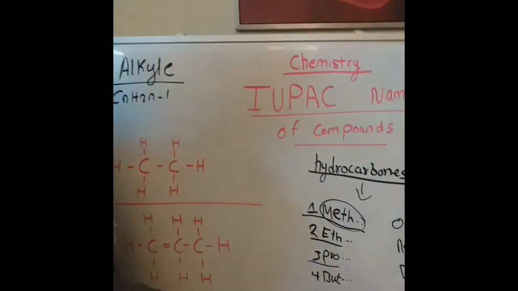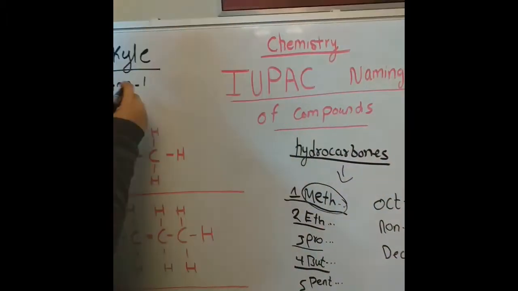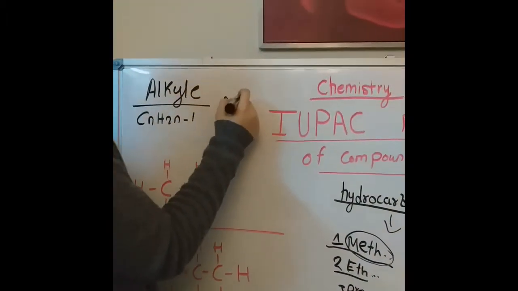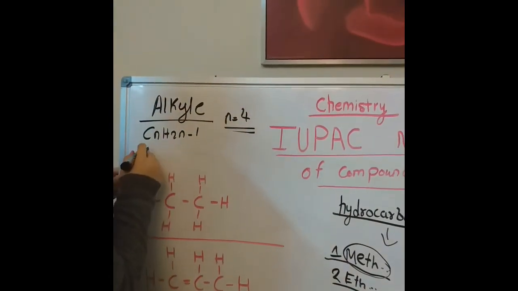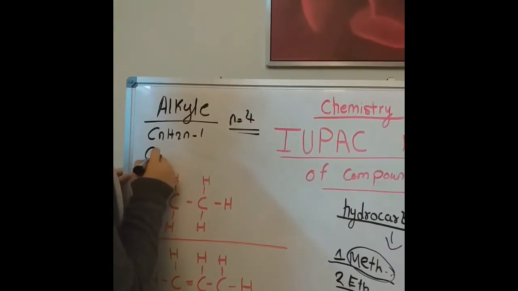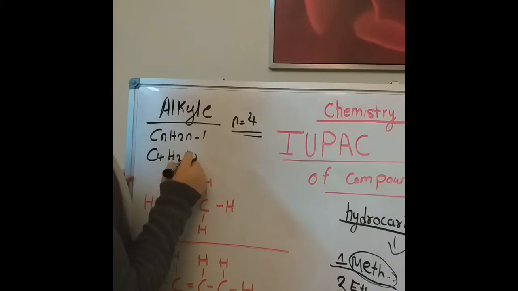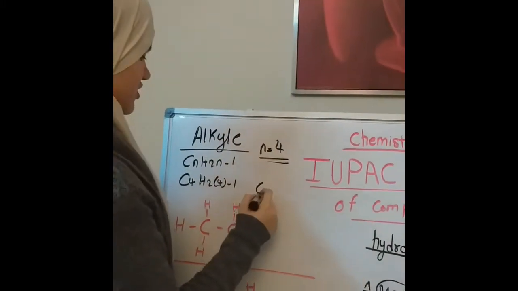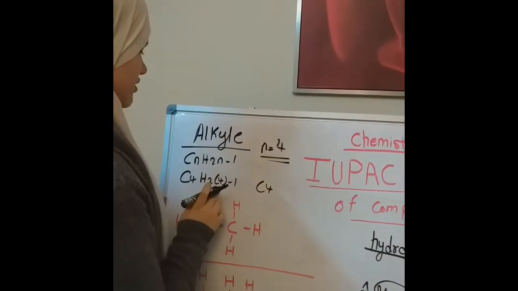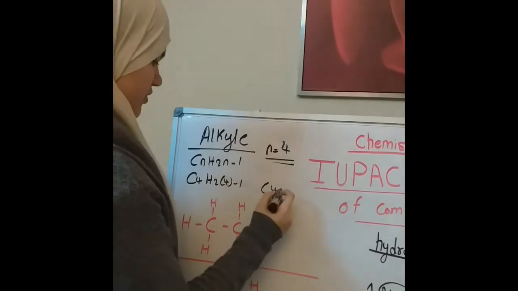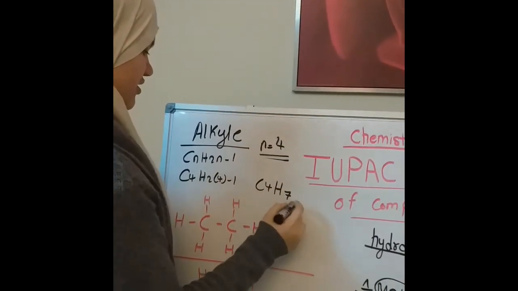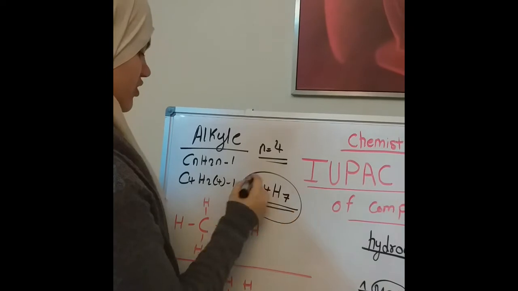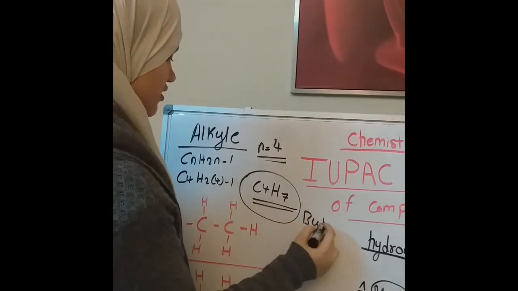I will take 4, so n will be 4. Then C4, H2 times 4 minus 1. It will be C4, 2 times 4 is 8, 8 minus 1 is 7. C4H7. Its name will be butyl.